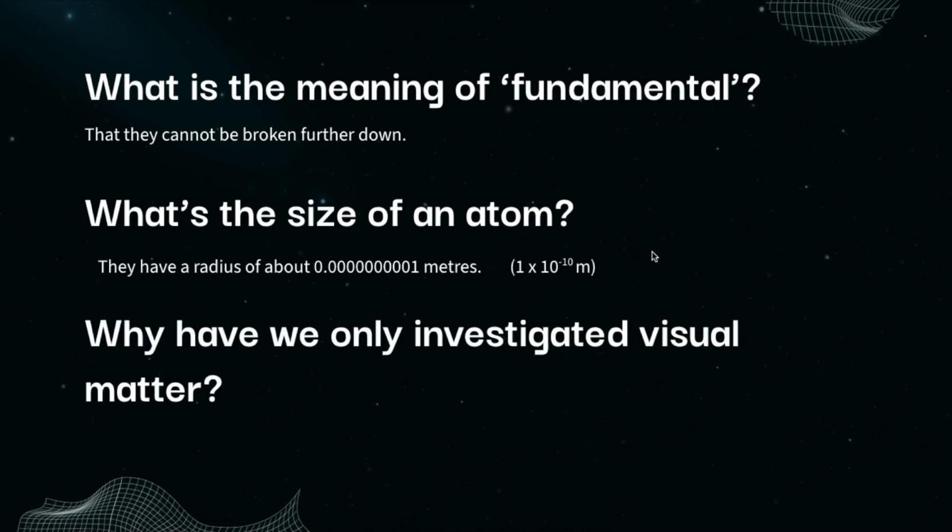And why have we only investigated visible matter? This is more of a conceptual thing, but it's basically because it's the only one we can see through our eyes and through technology.